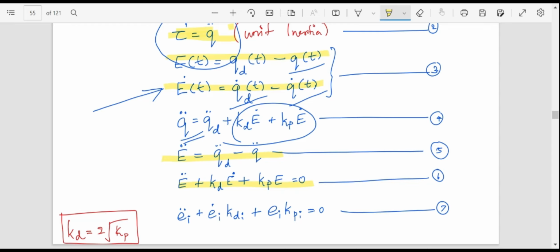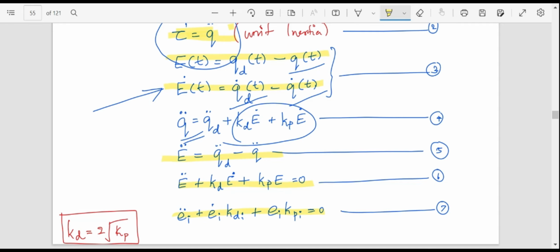Why do we decouple it? Decoupling will help us in working with individual joints, as we are dealing with multiple joints since we have n degree of freedom systems. If we write the error equation on a joint by joint basis, we get this error equation for the ith joint. The same error equation 6 can be rewritten as error equation 7.